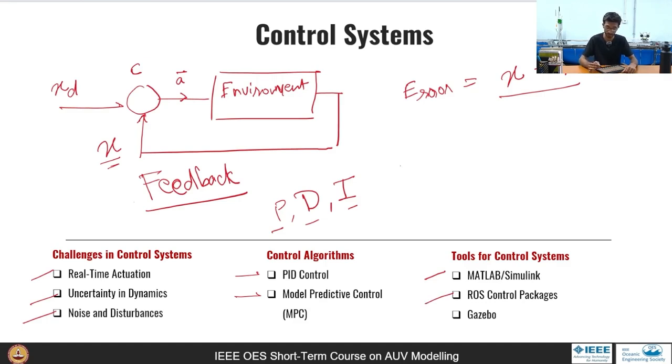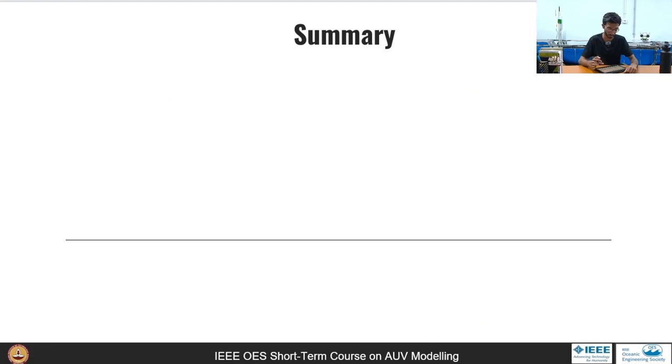There are also various packages in ROS to implement these. Along with that, for most cases, it's a good idea to first test out various control algorithms in simulated environments such as Gazebo. And that brings us to the end of this module.